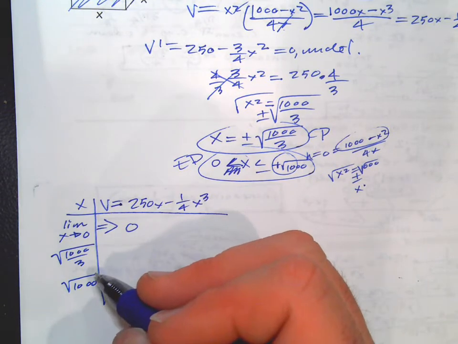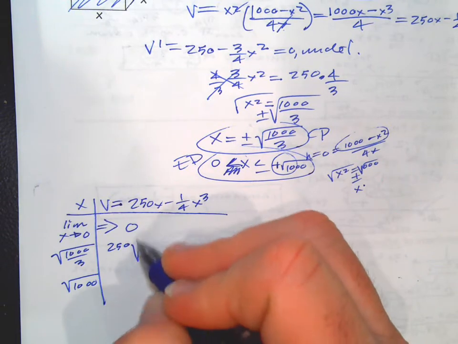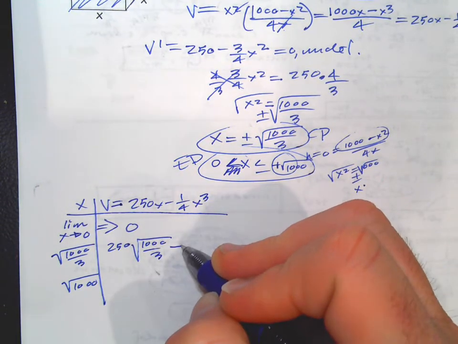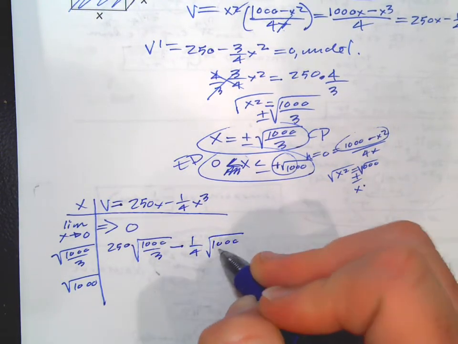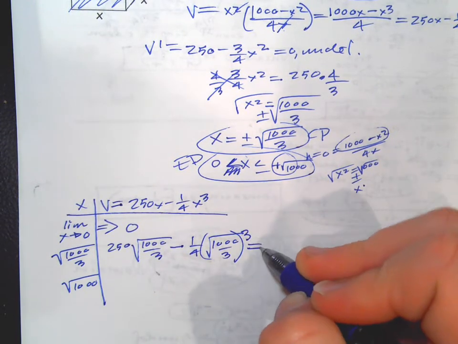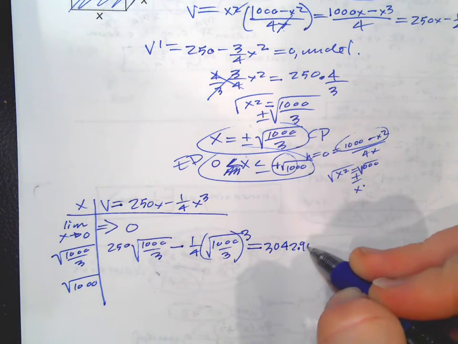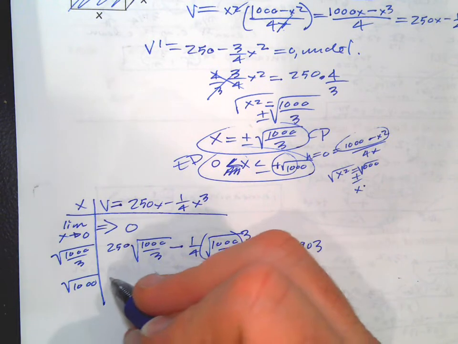If you plug these in, it's kind of gross: 250 times the square root of 1,000 over 3 minus 1/4 times the square root of 1,000 over 3 cubed. If you put this in your calculator, which is probably our only hope, you get 3042.903.